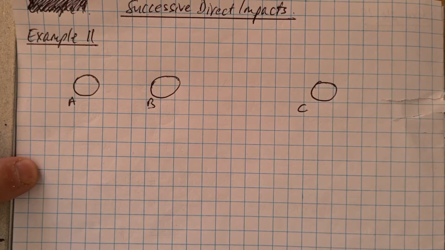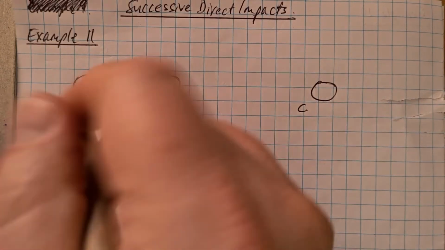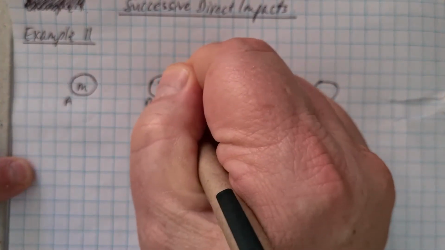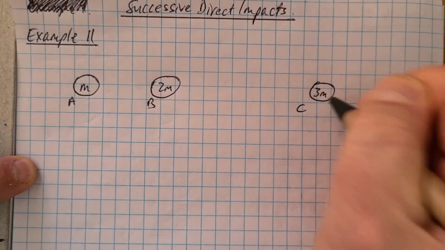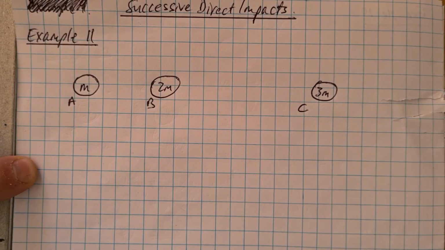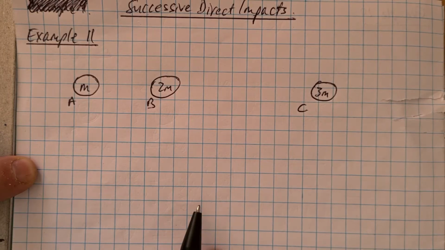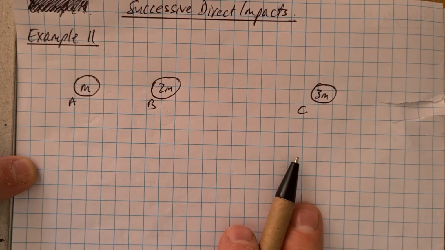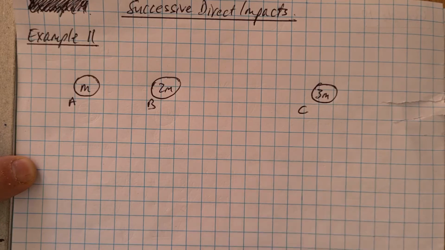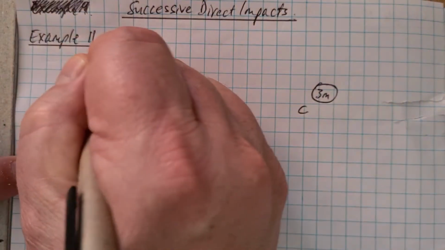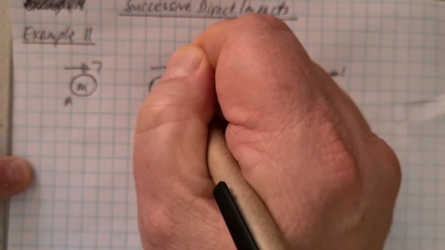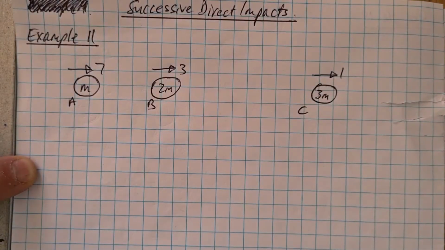We have three spheres A, B and C of masses m, 2m and 3m. And they're moving along the same straight line on a horizontal plane with A following B and B following C, as we have in our diagram. Initially the speeds of A, B and C are 7, 3 and 1 meters per second.